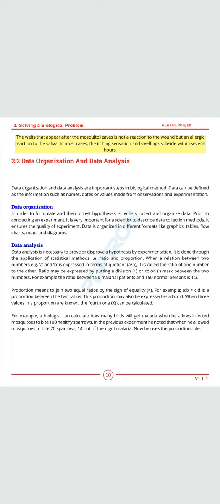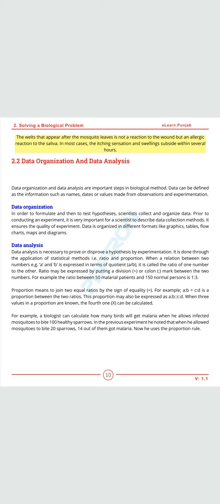Prior to conducting an experiment, it is important for a scientist to describe data collection methods. Which method is used to collect or organize that data? It ensures the quality of the experiment.